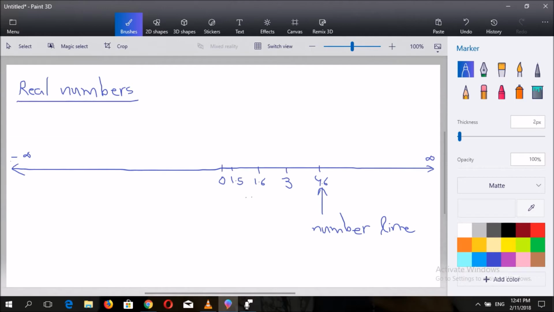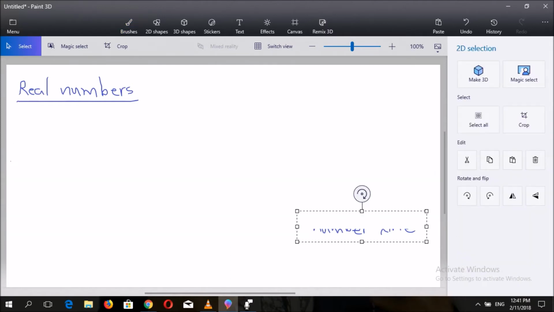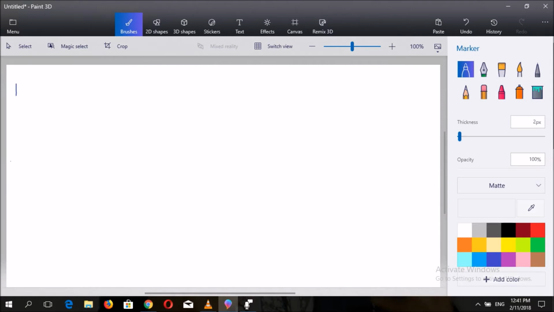So we have, for example, half, 1.5, 1.6, and so on and so forth. We have 3, we have 4.6. All the real numbers that are greater than 0 are represented on the right hand side of 0 on the number line.